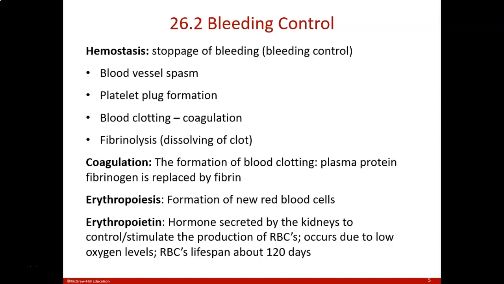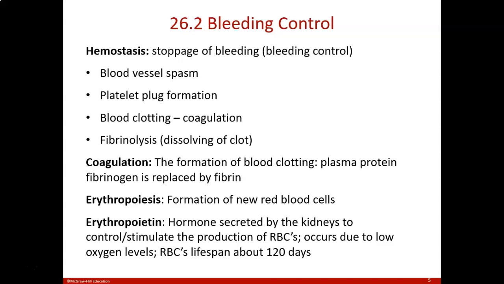Then we have the fibrinogen that's roaming around in the plasma as well, which is drawn to that area, and it is then converted in a very elaborate process to fibrin, which is actually the clotting process. So that fibrinogen is converted to fibrin. Then that allows new fibroblasts to come in and start laying down more new tissue to repair that area, okay?